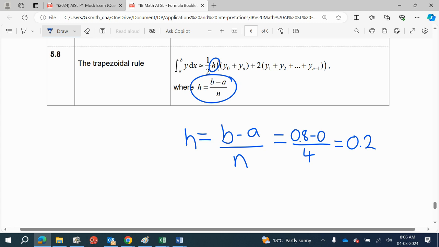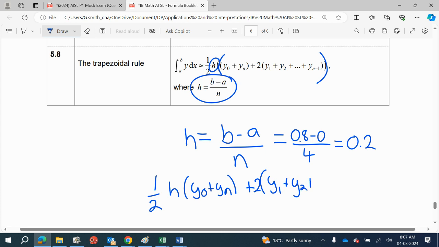The other mistake that a lot of you make with this one is the bracketing. This bracket here is often forgotten. What you end up doing is a half times H, bracket y0 plus yn, plus 2 times y1 plus y2 plus ... yn minus 1.